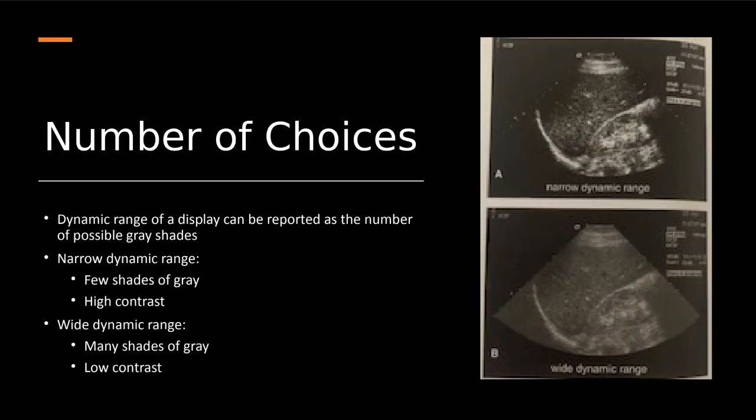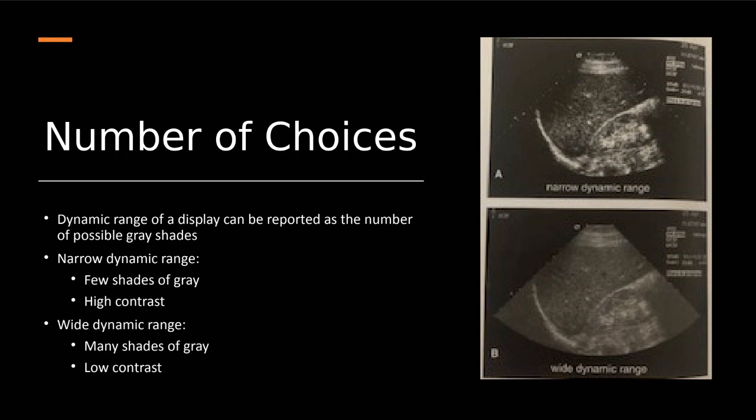So it's also, like we said, known as our number of choices that fall within the lowest and the highest in terms of processing the signal. This is going to be reported as the number of possible gray shades. Now, when we have a wide dynamic range, right, so we have a big variation between our lowest threshold and our highest threshold, this means that we can process and display tons of shades of gray.